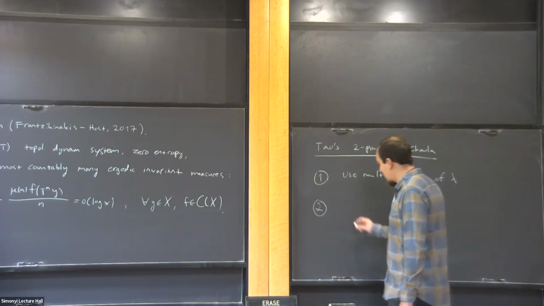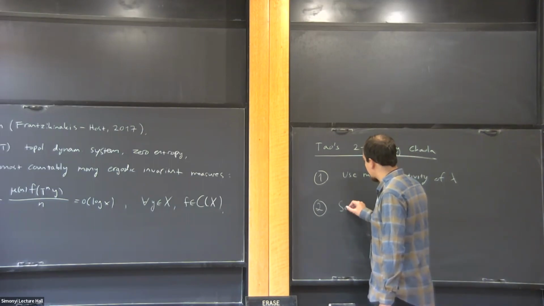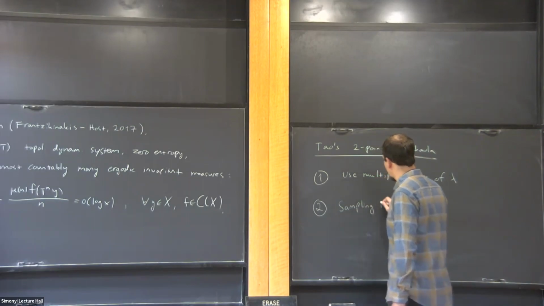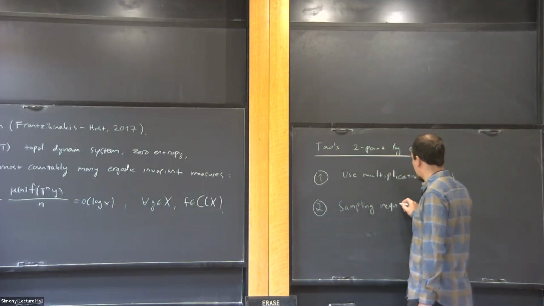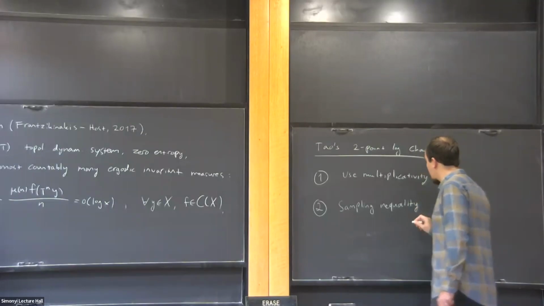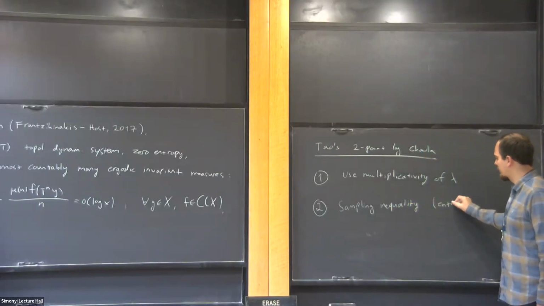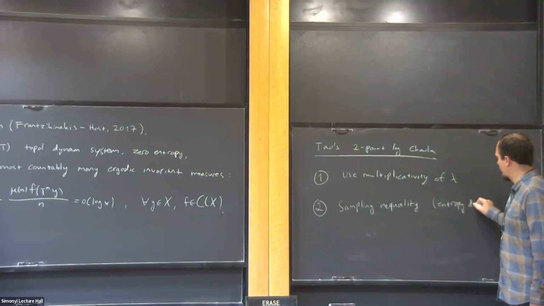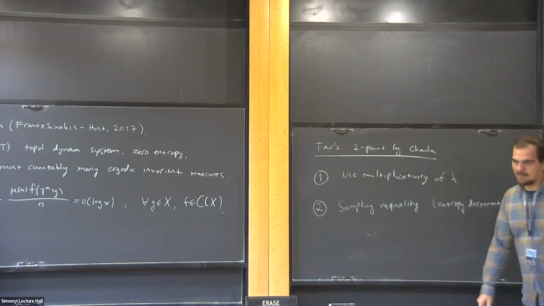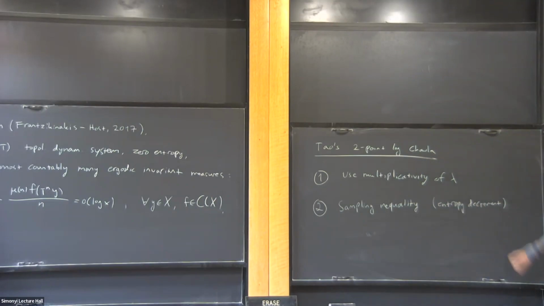For that, you have a kind of sampling inequality. I'll explain that later. The proof of this sampling inequality uses entropy decrement. Okay, so this is a key step.